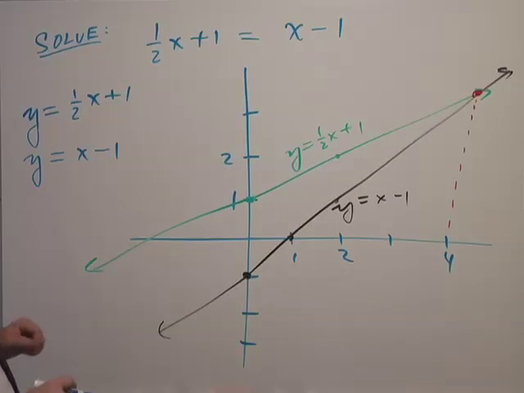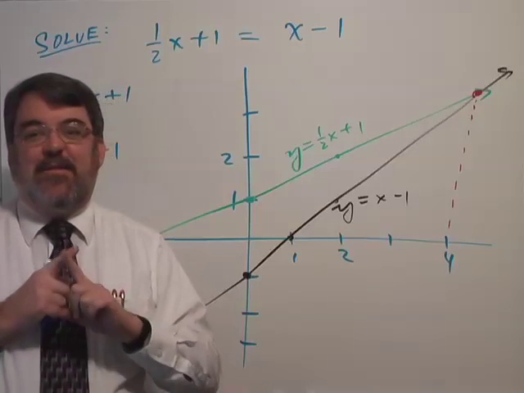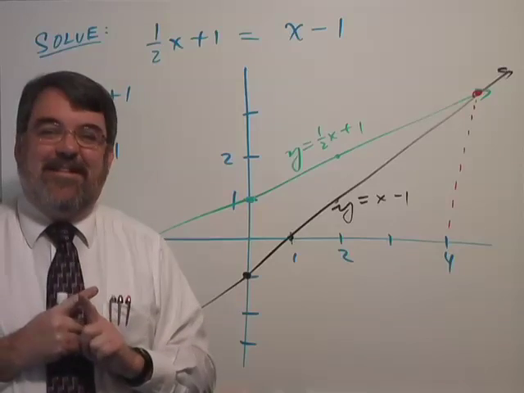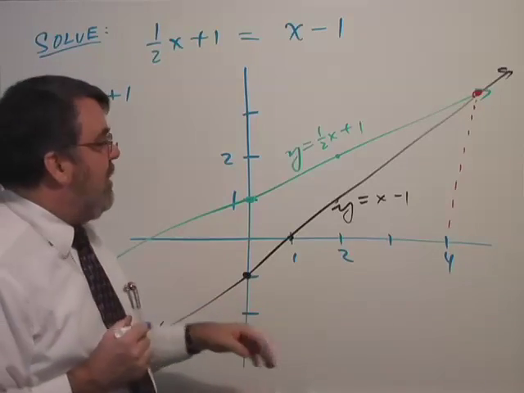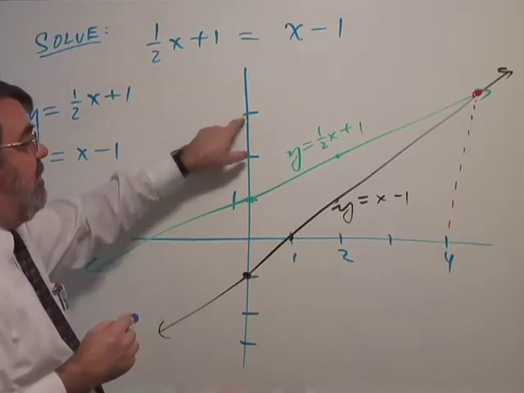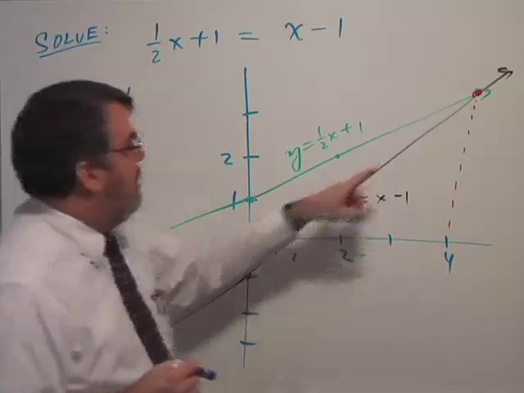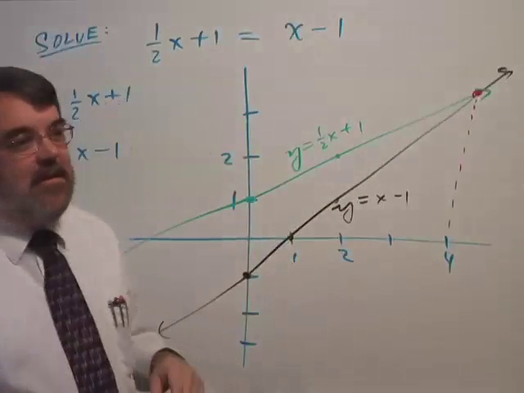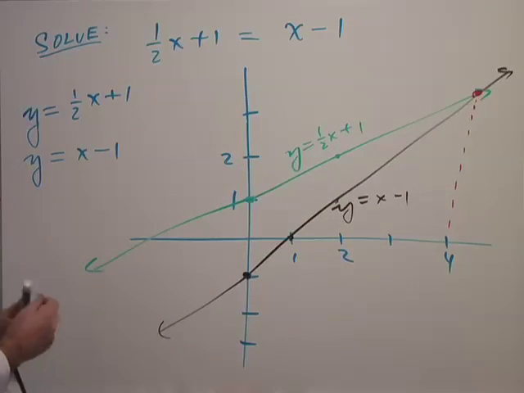And solving that equation is finding where the two lines cross each other, where they coincide. And they coincide when x equals 4 and y equals 3. 4, 3 is where this point should be if I did this very accurately.